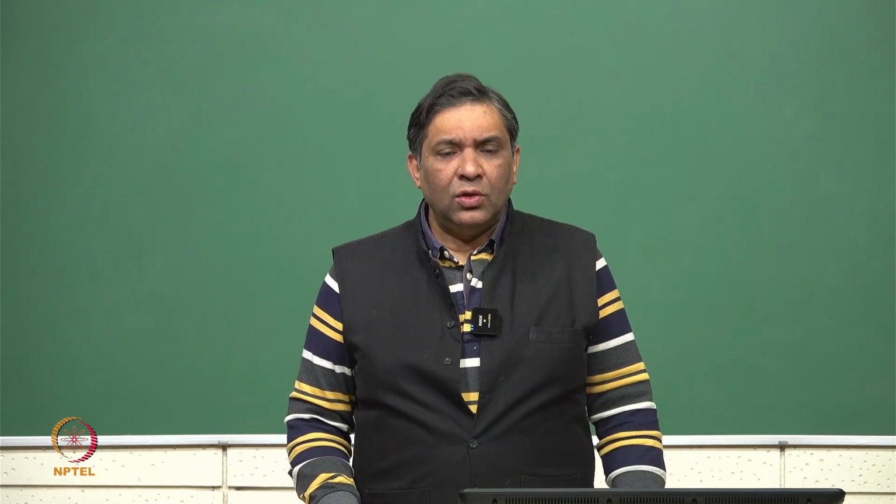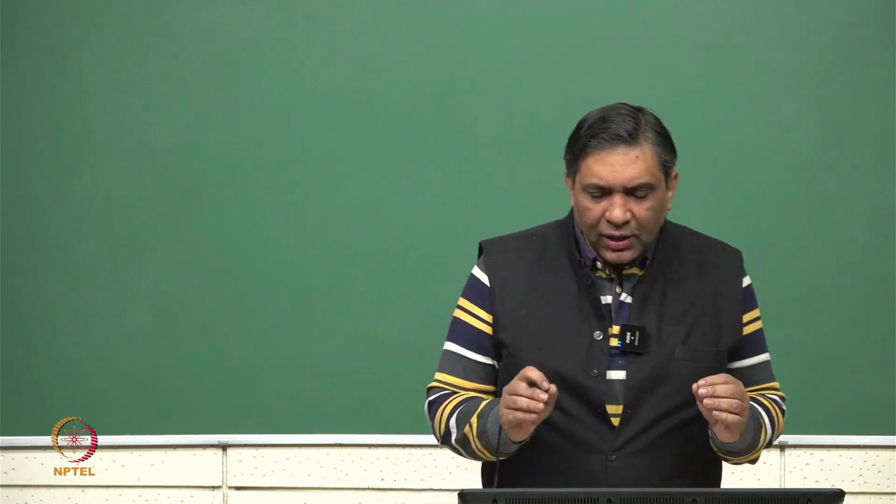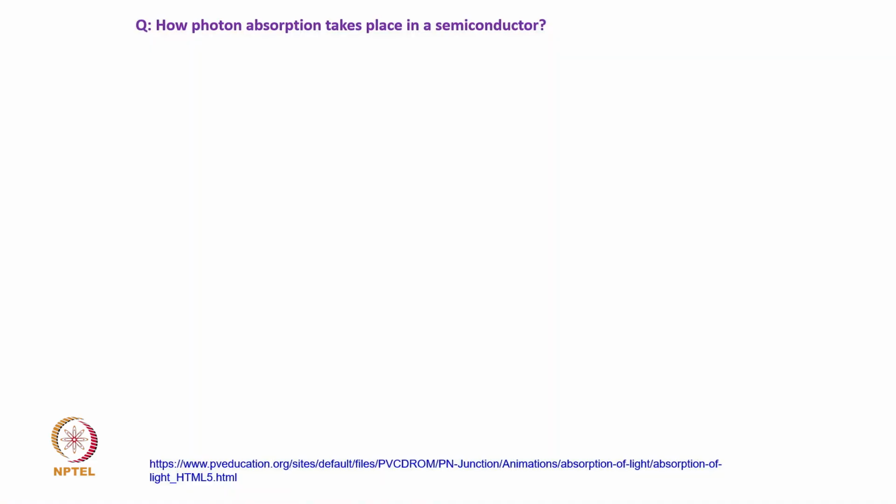Okay. Let us make a very simple picture of absorption considering three classes of photon. One is a photon whose energy is less than the band gap energy of the semiconductor used for making a particular solar cell. What happens when the photon energy is less than the band gap energy?